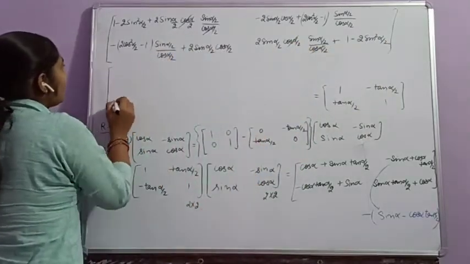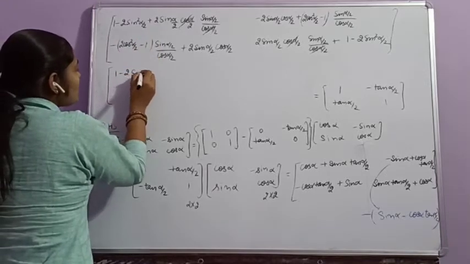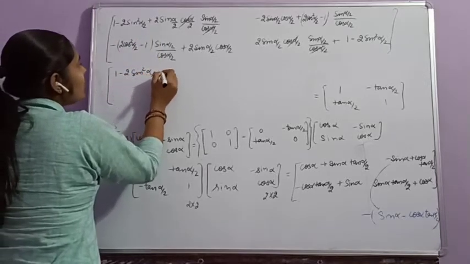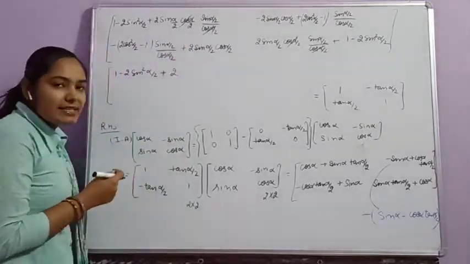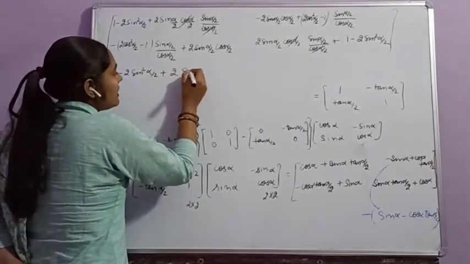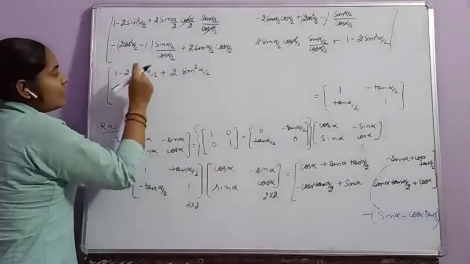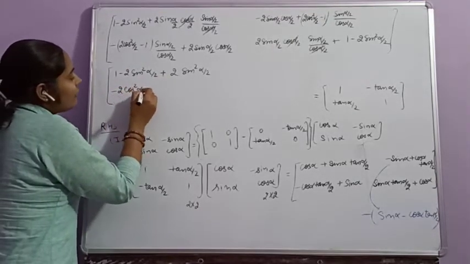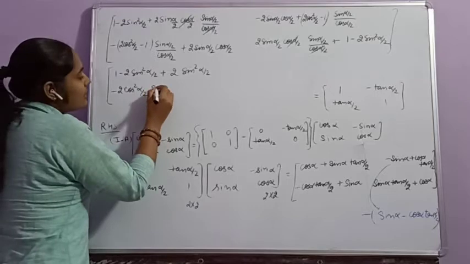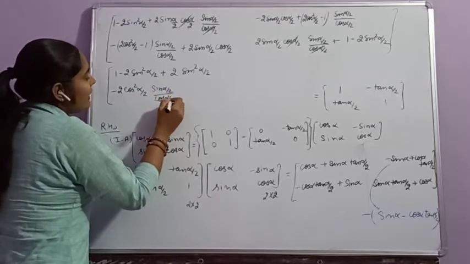Now it will become 1 minus 2 sin square alpha by 2 plus 2 sin alpha by 2 multiplied with sin alpha by 2, that is equal to sin square alpha by 2. Similarly, if we multiply it, then it will become minus 2 cos square alpha by 2 multiplied with sin alpha by 2 divided by cos alpha by 2.